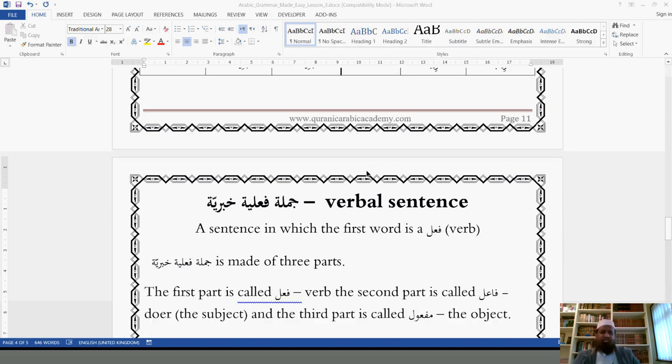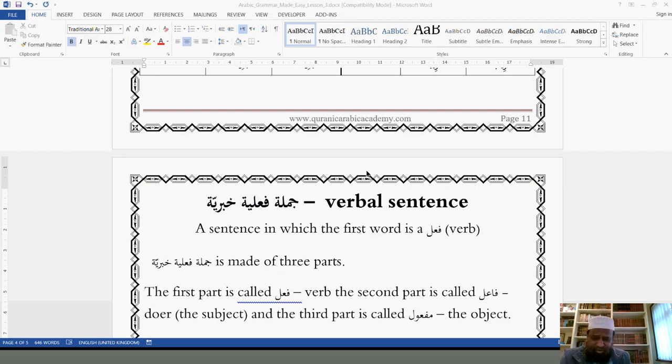The first part: Jumla Fi'liya Khabariya consists of 3 parts. Number 1, the first part is called the fi'l, the verb itself. The second part is called fa'il, the doer, the subject of the sentence. So you need someone to do the action.